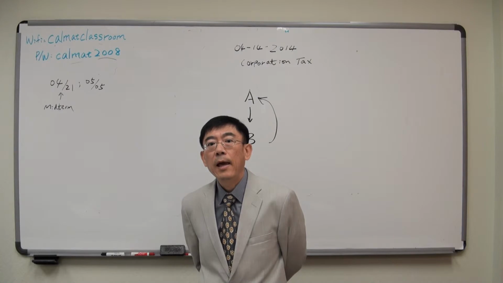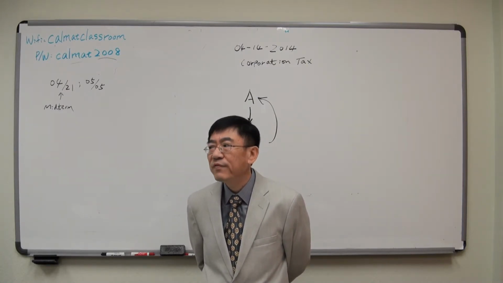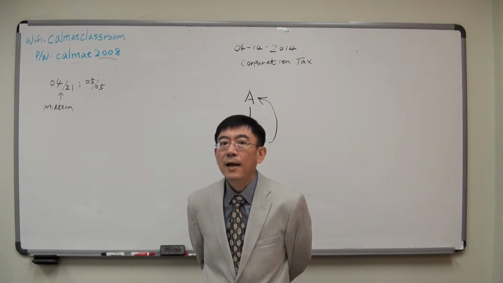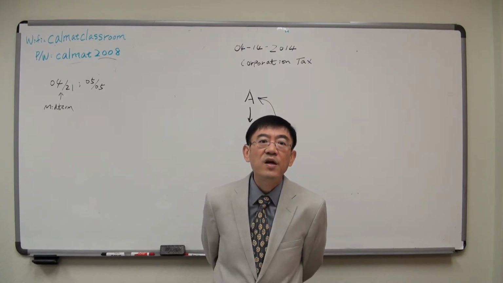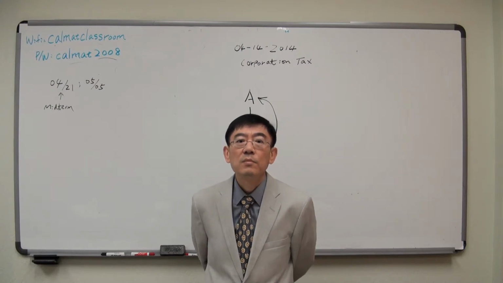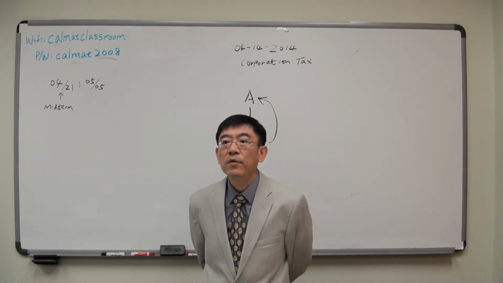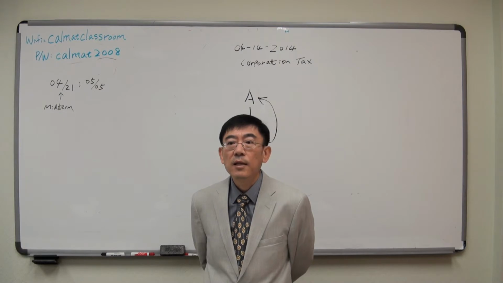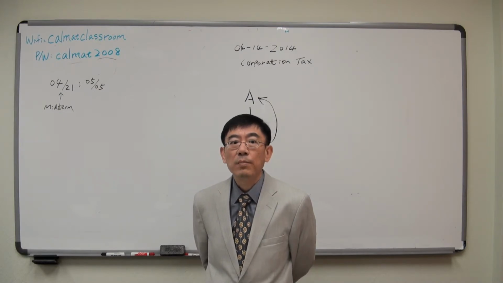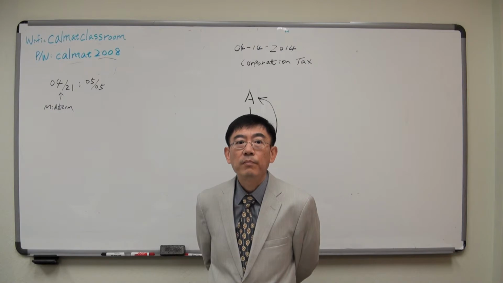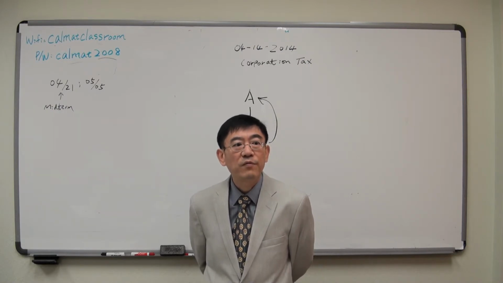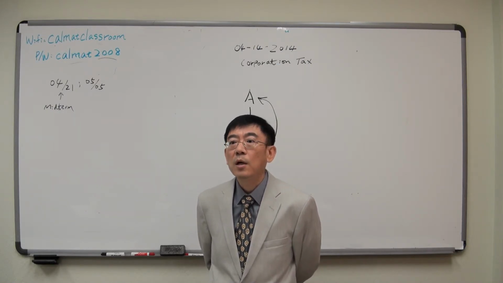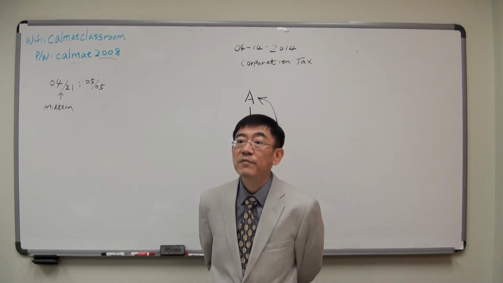Okay. NOL means the net loss. Net loss is very, very similar to the negative number on the individual Schedule C. So if any individual person files Schedule C and incurs a negative number, that number will be reported on page 1 of the 1040, and that number will offset any other positive income.